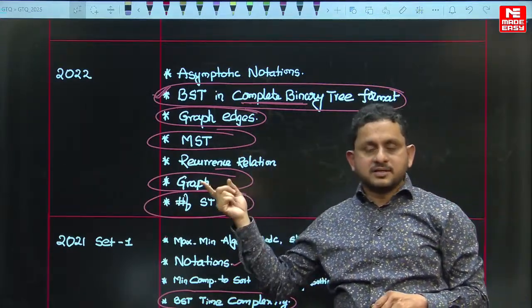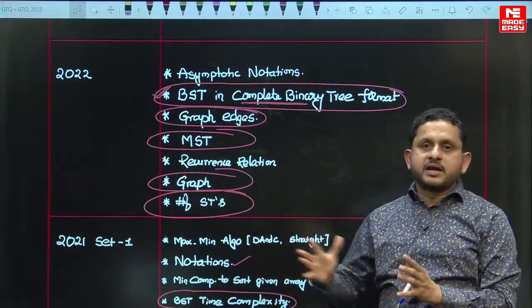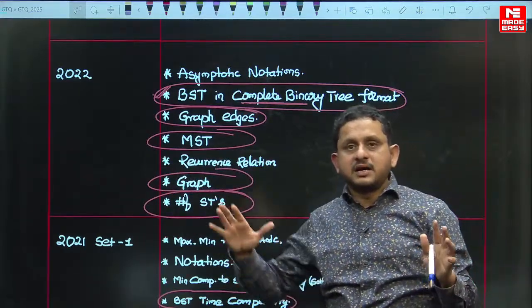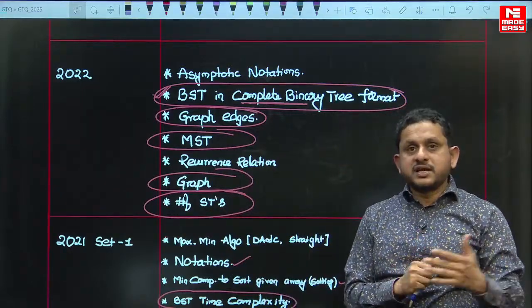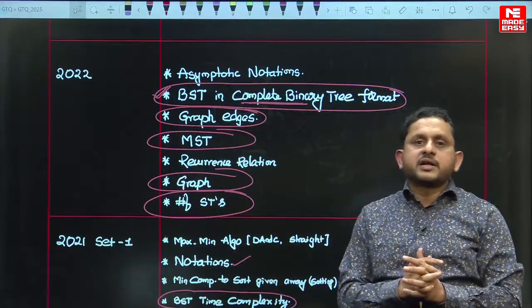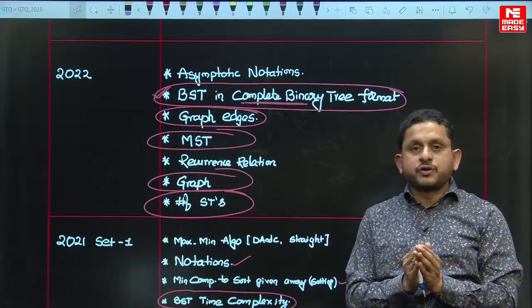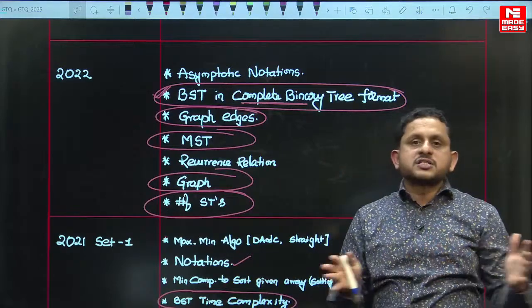As well as binary heap and complete binary tree related questions. This area has more possibility of getting marks in the examination compared to the remaining areas. Try to revise every area once, but focus a little more on graphs and trees.